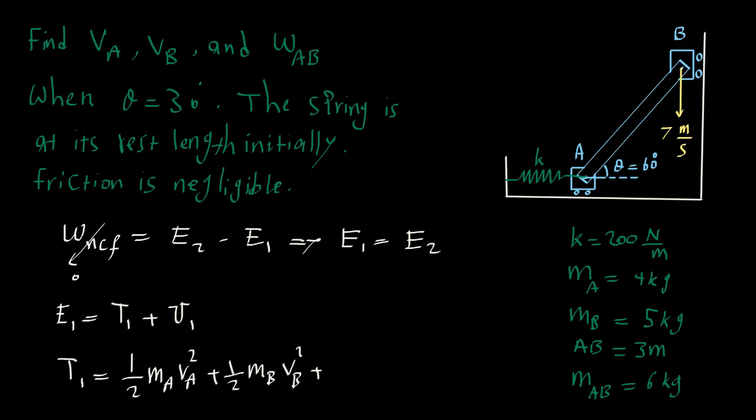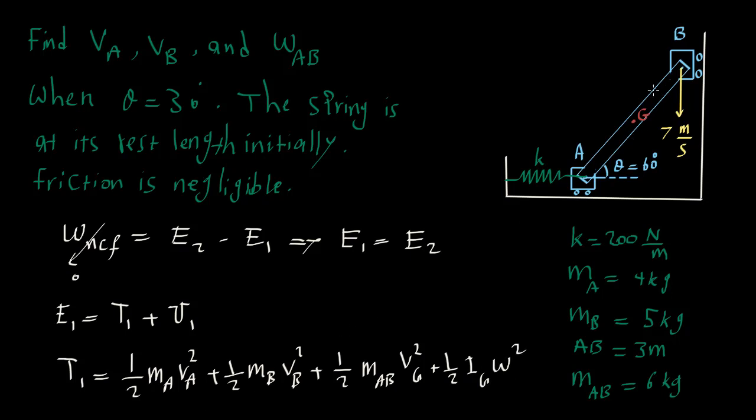So let's show this point here. This is the center of mass, for example, G. If I use G as a reference point, this would be 1/2 m_AB V_G squared plus 1/2 I_G omega squared.